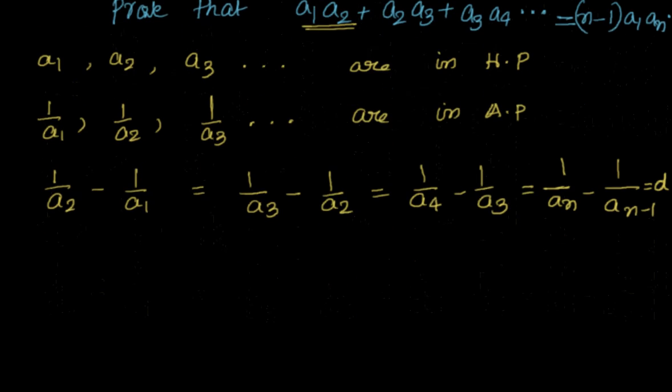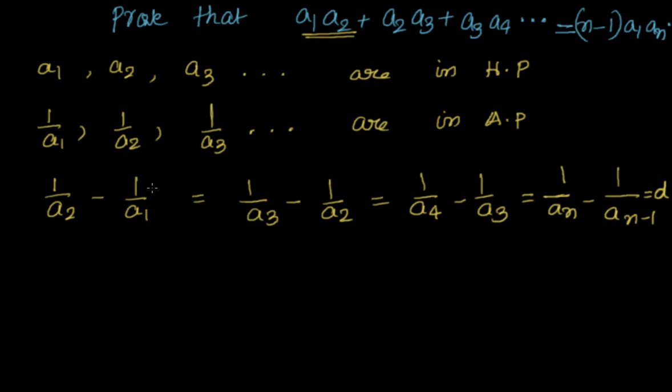Now, what we will do is try to convert whatever we have in terms of A1A2. For that, I'll just check what this 1 by A2 minus 1 by A1 is.